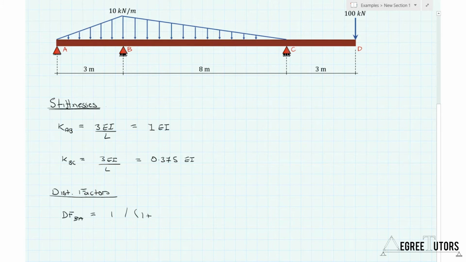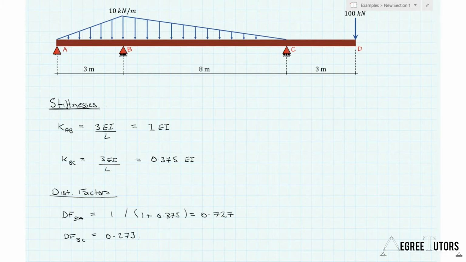So that's going to be 1 plus 0.375, which will give me 0.727. Obviously then the distribution factor for the other side is going to be 1 minus 0.727, which is simply going to be 0.273, because the sum of the distribution factors meeting at a joint must always equal 1.